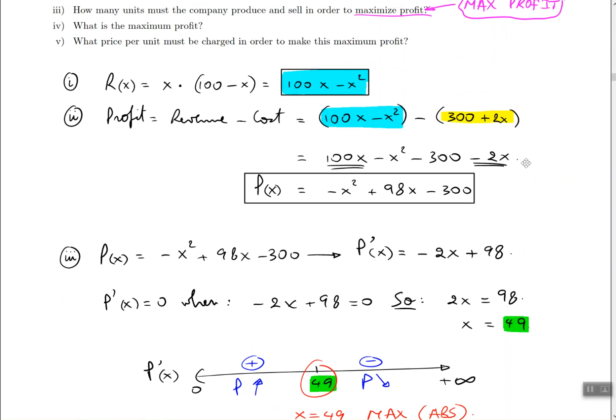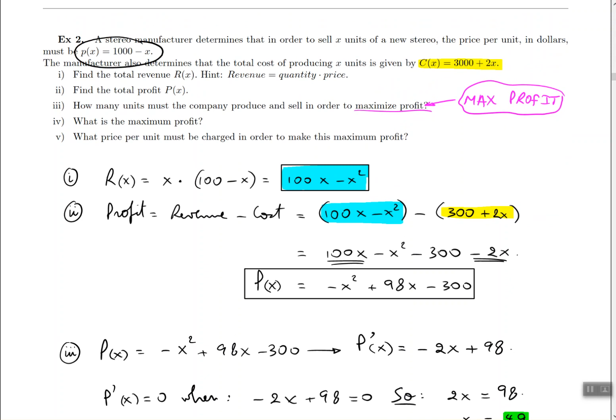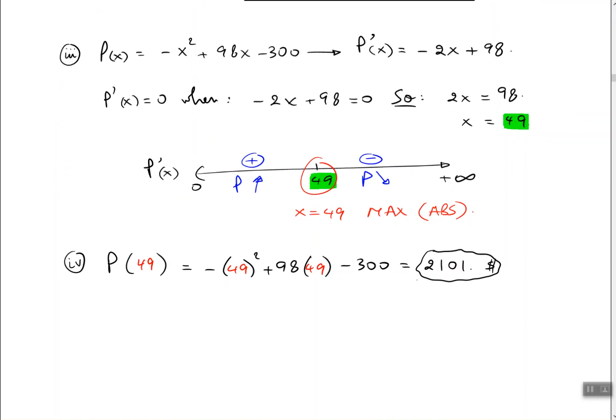Okay. All right. And finally, what's the price per unit so that we can get this maximum profit? Remember, the price was 1,000 minus X. So the price per unit is going to be 1,000 minus the X, and the X in this problem was 49.